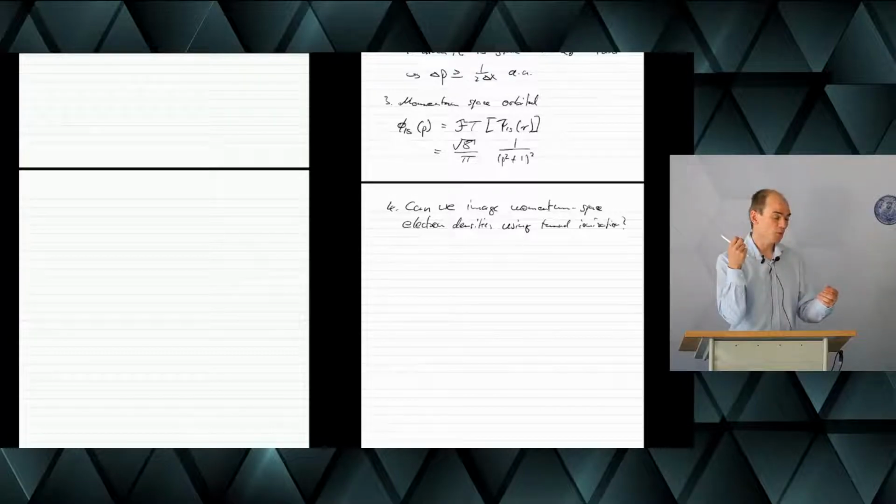And this is, of course, connected through the Fourier transform to the spatial electron density.